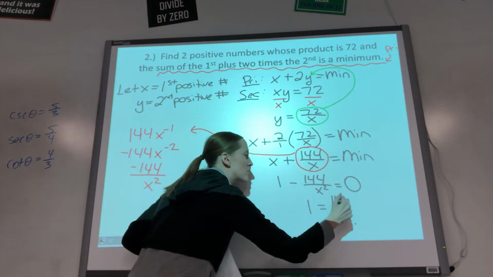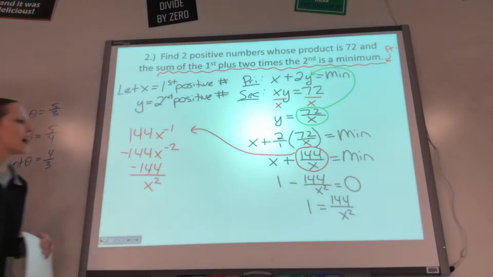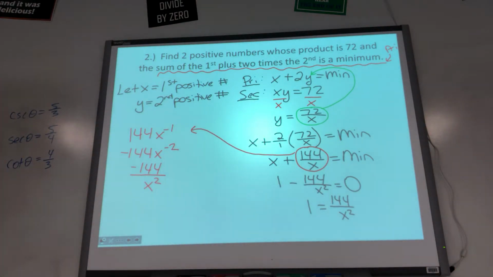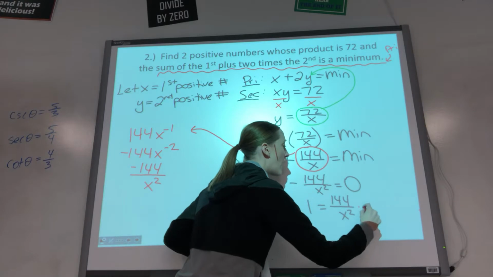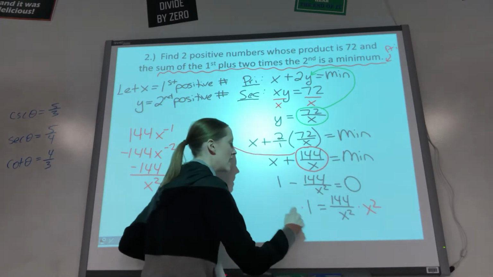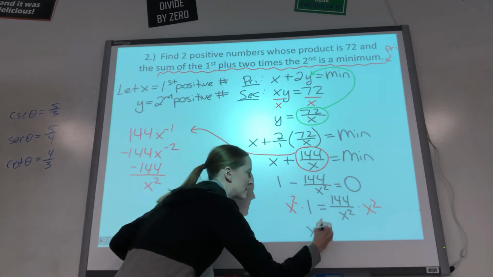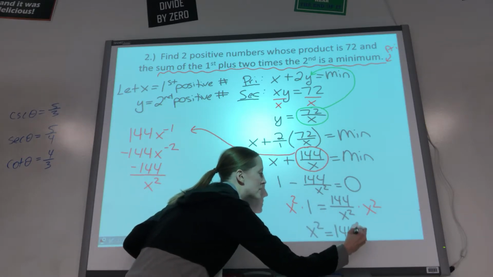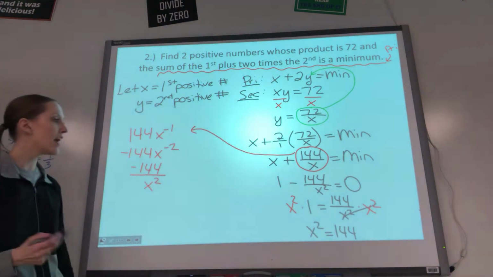That way I don't have to worry about that negative sign anymore. So right now it says 1 equals 144 over x squared. Now I'll go ahead and multiply by x squared on both sides. That's just me trying to get rid of it right there.